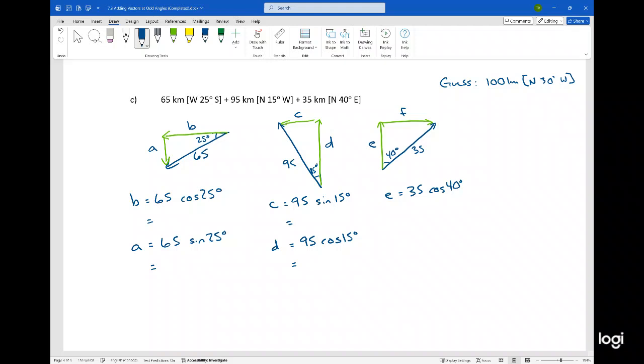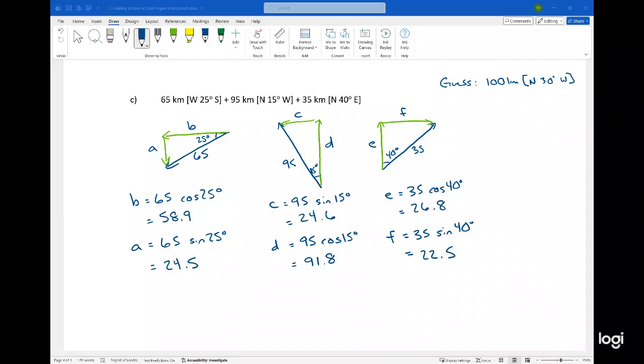And F's going to be 35 sine 40. Okay, I'm going to pause this and write the answers in to save you a little bit of time waiting for me to use my calculator. Okay, and there we go. I've written in the 6 components for A, B, C, D, E, and F.